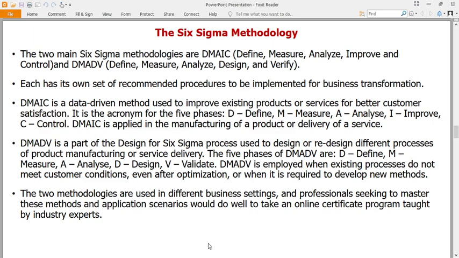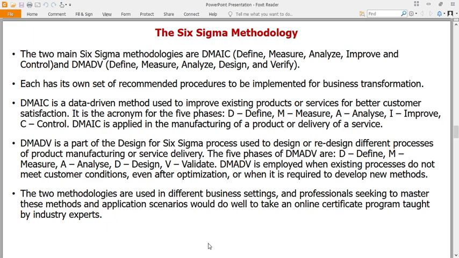So that is methodology 1. So you can either adopt that, or you start with defining, you measure, you analyze, design, and verify. So each of these two methodologies is recommended to be implemented if you want your business to transform.